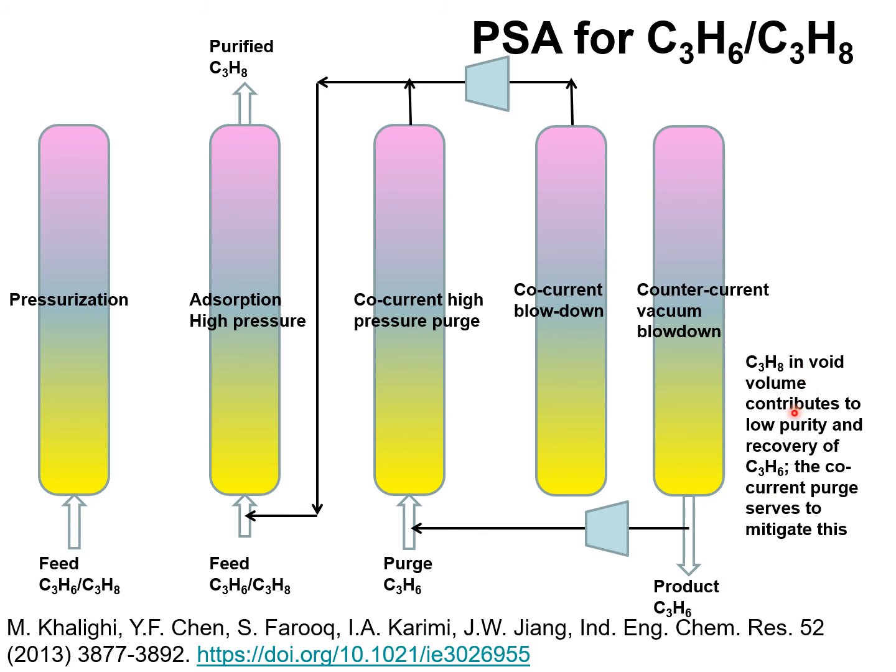Now, the purity of the propene product in the gases exiting the countercurrent vacuum blowdown phase is dictated by the amount of propane that is still present in the void volume and inside the pores.